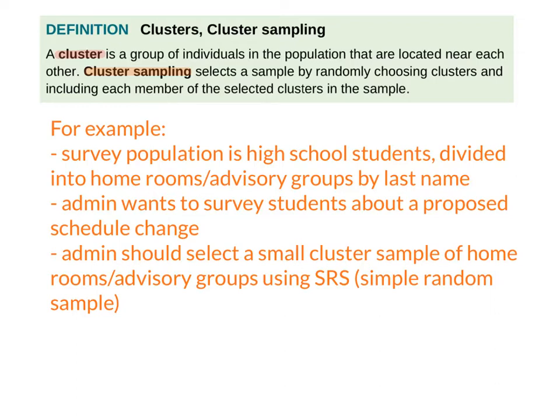Let's say that admin wants to survey students about a proposed schedule change, and instead of surveying the whole student body, they decide to select a small cluster sample of homerooms or advisory groups using a random number generator. They would have to select enough to represent that entire student body, but they're doing it using cluster sampling.